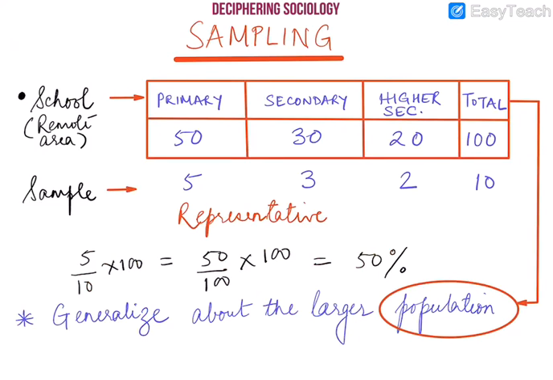Next comes sampling. You may have heard about sampling every now and then, even non-economist students, and if you haven't, then this is the time to learn about it. What is sampling? Let us assume that I am a social researcher, a sociologist, and I have been assigned a task to visit a school in a remote area.